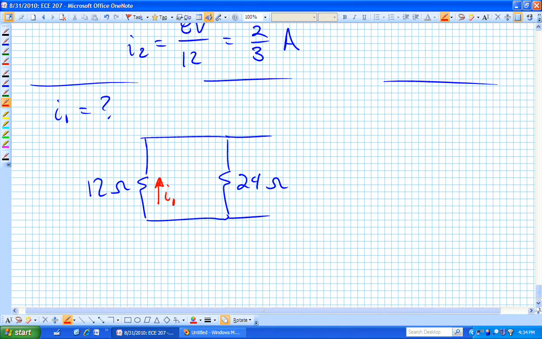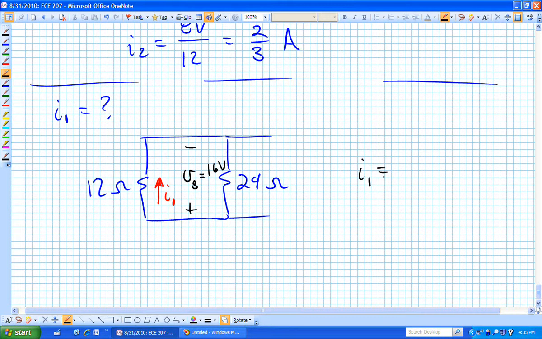V sub 8 was this voltage, wasn't it? And that was 16 volts? What's I sub 1?